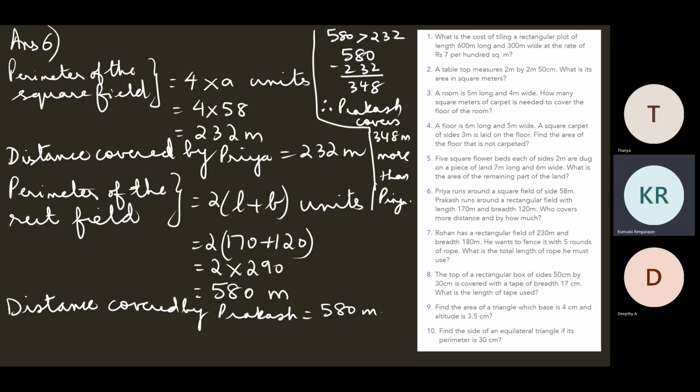So whatever the perimeter is, into 5 will be the length of the rope he needs to use. For one round, it is equal to the perimeter, but he wants 5 rounds.